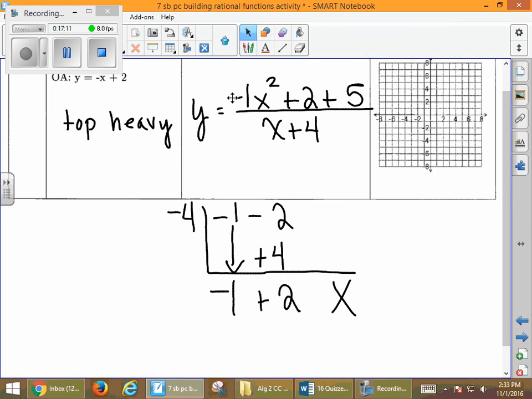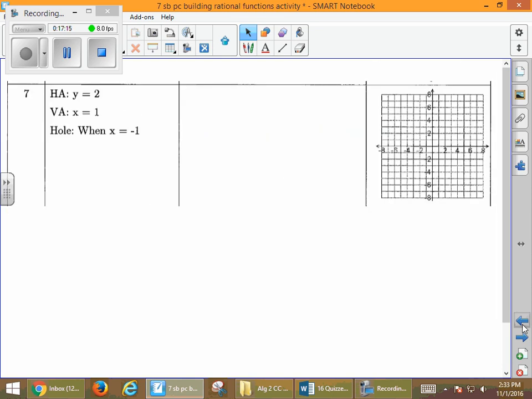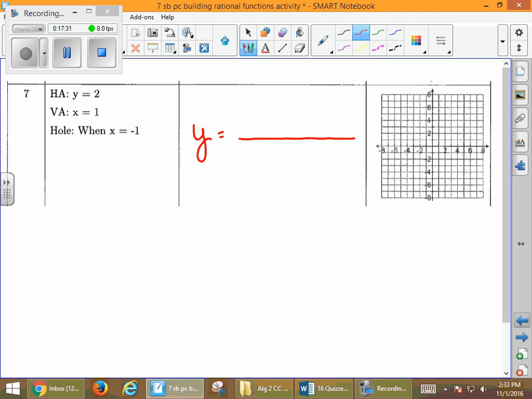So lastly, let's go back up to number 7 here and finish that one. We have a horizontal asymptote, we have a vertical asymptote, and we have a hole when x equals -1. Start with the vertical. And our vertical is going to give us x minus 1 down there in the denominator.